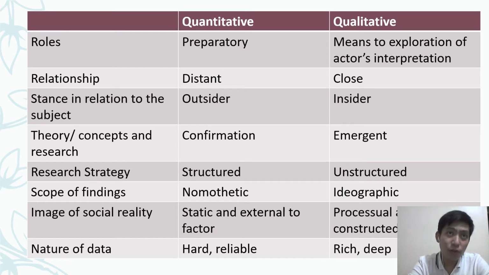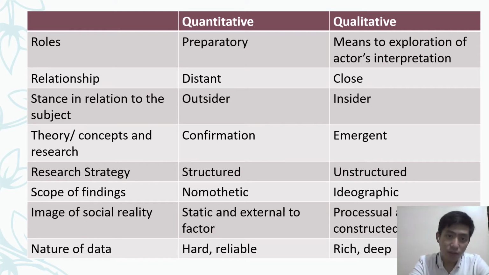You confirm or accept, or you can also recommend additional components to the theory. But in qualitative, you create a new theory or concepts. Research strategy is more structured in quantitative, and qualitative is unstructured because we have only an interview guide, and through probing you will have a deeper understanding of the situation.